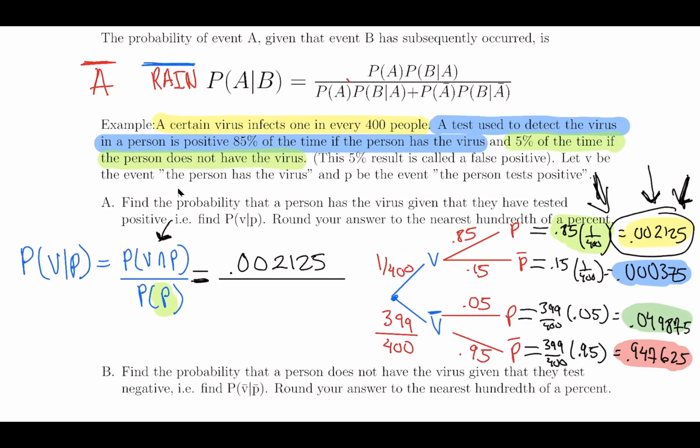So if I look at this one over here, did that one give me a positive? Because the branch that I highlighted is people who have the virus and tested positive. So did they give me a positive test result?